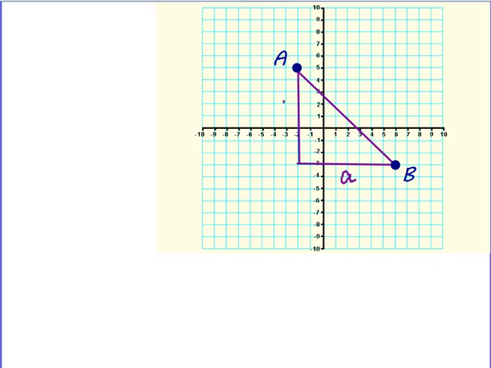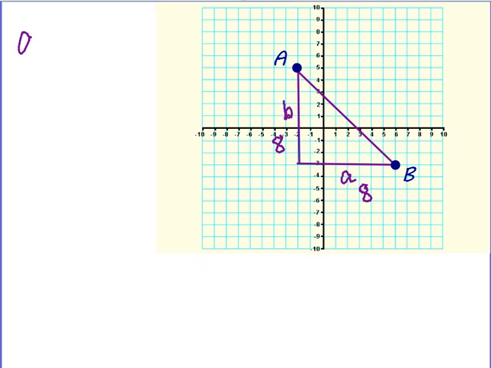Side A, side B. Side A, going from -2 to 6, gives me a length of 8. You can count it out if you need to. Side B is going from -3 to 5. That's also a length of 8.